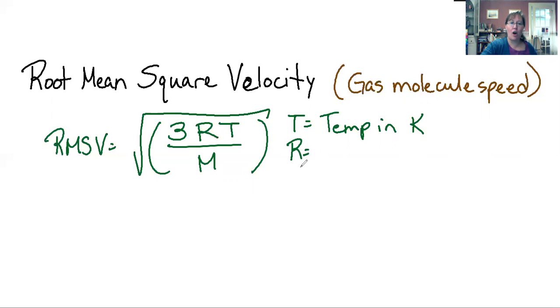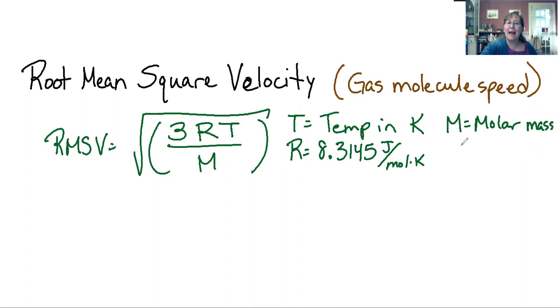The R value that we're going to use here is 8.3145, that is a very messy 5, 8.3145 joules per mole Kelvin. And this capital M here is the molar mass of our gas in kilograms. Can't forget that because that's going to be different.